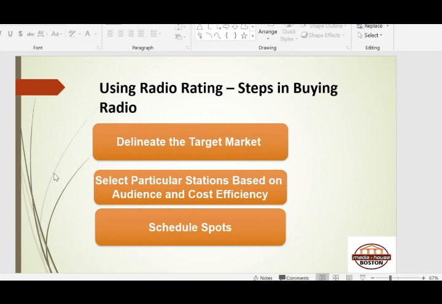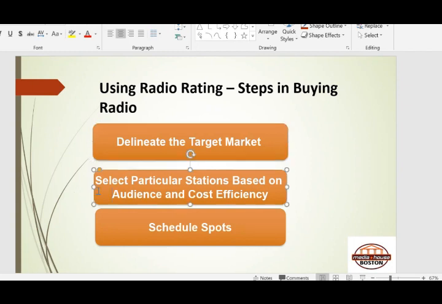Now I want to look at these three easy steps in radio sales. So delineate the target market. In other words, we want to be able to spot them out and push them to one side in a corner. You understand? So delineate the target market.